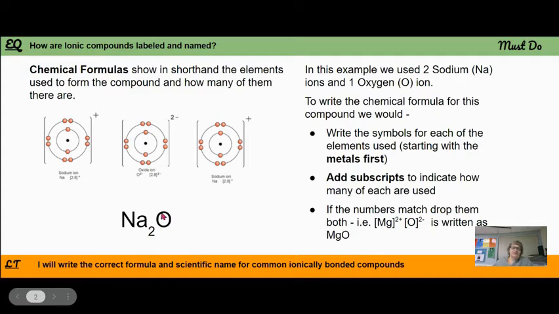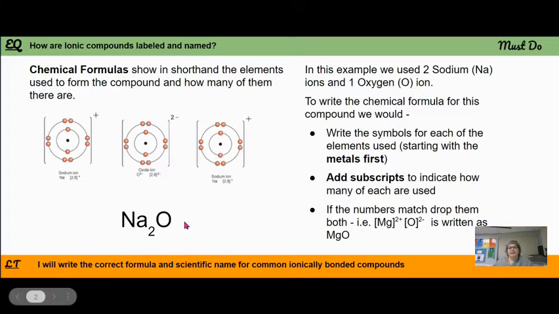So whenever there's 1 of something, we just don't write the number 1 because we just kind of intrinsically know that there's only 1 of them.